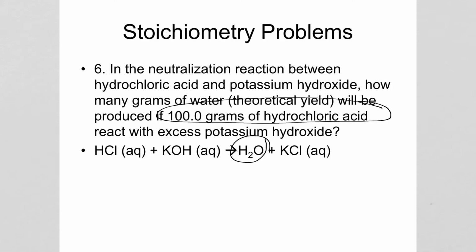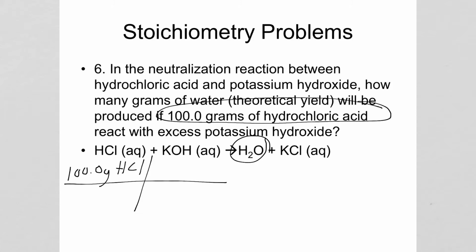Now the first thing that we have to make sure of is that we have a balanced equation. And in this case we do. Everything looks balanced out. So we're going to take our given, 100 grams of HCl. And pretty much always a standard thing in our problems is to convert to moles.